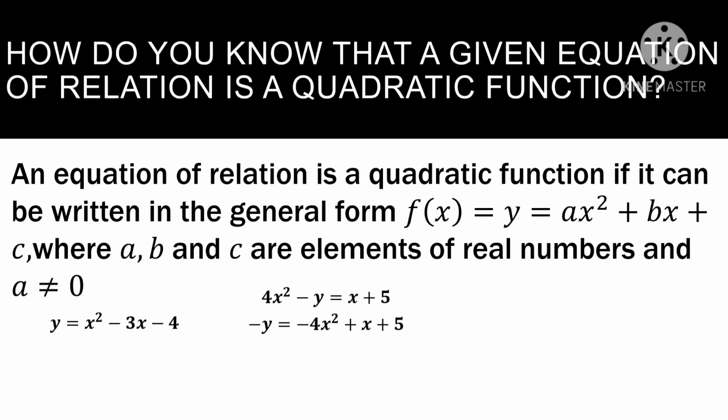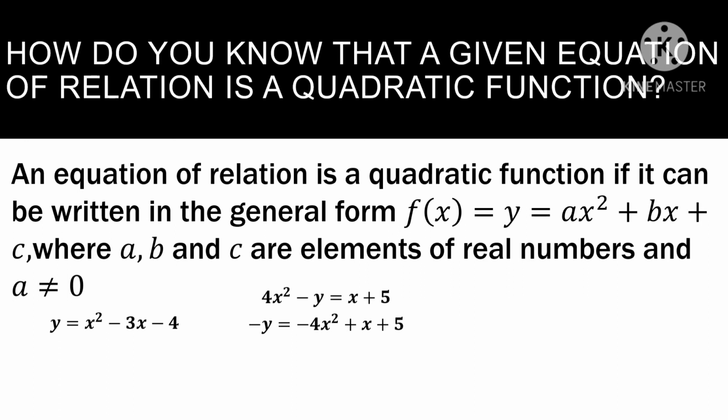So it will become negative y equals negative 4x squared plus x plus 5. We transpose this to the right side, so we have to change the sign. And to make the y positive, we simply multiply both sides by a negative 1.